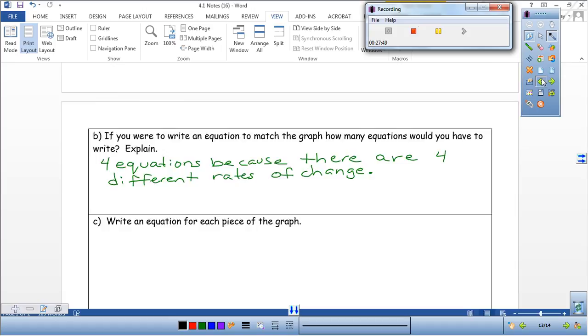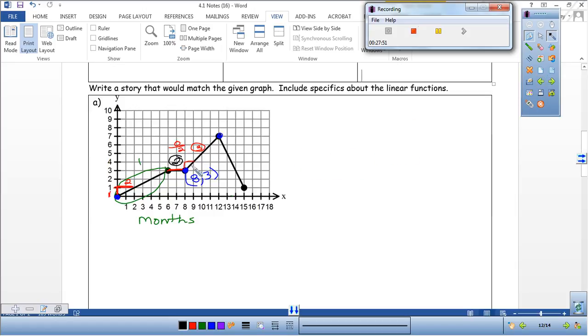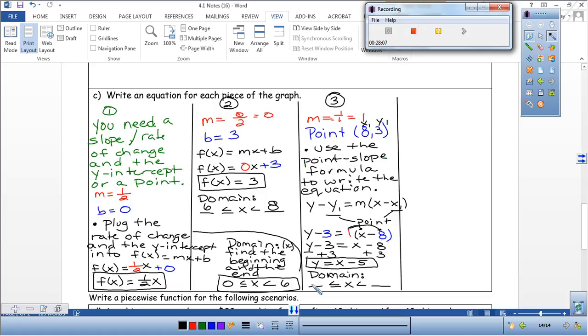So to go back to that third equation, where does it begin and where does it end? It begins at 8 and it ends at 12. 12, very good. So this is 8 and this is 12. Any questions over that?